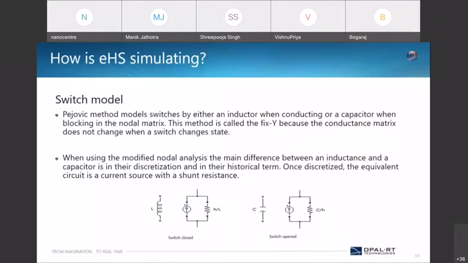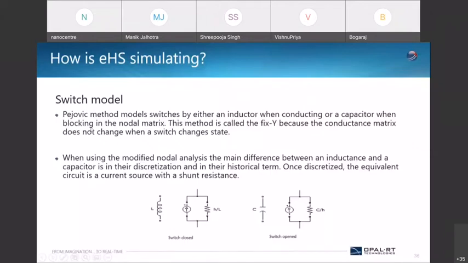In the Pejovic method, whenever the switch is in the conduction stage, it is made to behave as an inductor, whereas whenever the switch is in the blocking mode, it is made to behave as a capacitor.